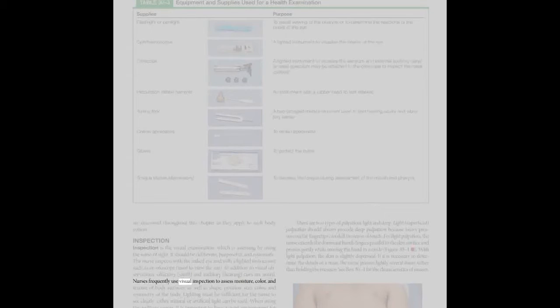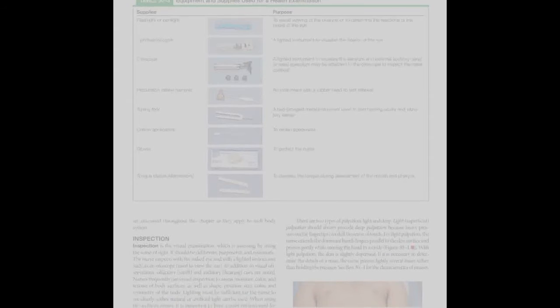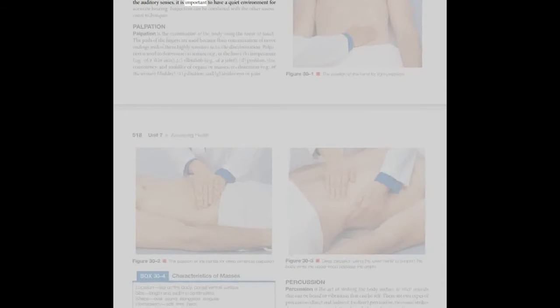Nurses frequently use visual inspection to assess moisture, color, and texture of body surfaces, as well as shape, position, size, color, and symmetry of the body. Lighting must be sufficient for the nurse to see clearly. Either natural or artificial light can be used. When using the auditory senses, it is important to have a quiet environment for accurate hearing. Inspection can be combined with the other assessment techniques.